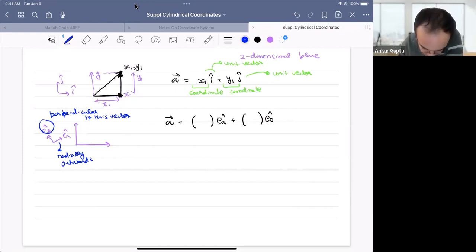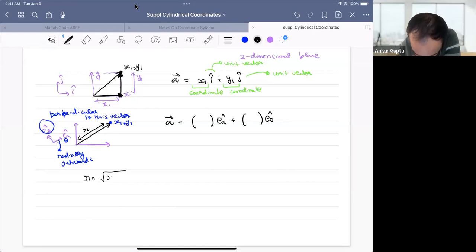Now I can also define the coordinates. We will say this is an angle theta. Let's use the same example of x1 and y1. Here r is the distance from the origin, so r is the square root of x1 squared plus y1 squared.